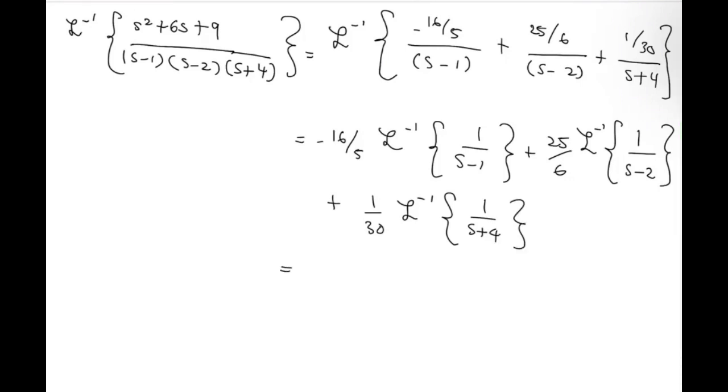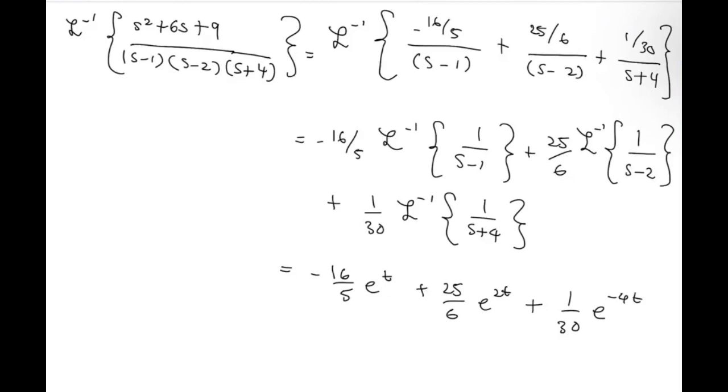Okay, referring to the Laplace table, 1 over S minus 1 is e to the power T. So we have minus 16 over 5 times e to the T plus 25 over 6. So 1 over S minus 2 is e to the 2T. 1 over S plus 4 is e to the minus 4T.